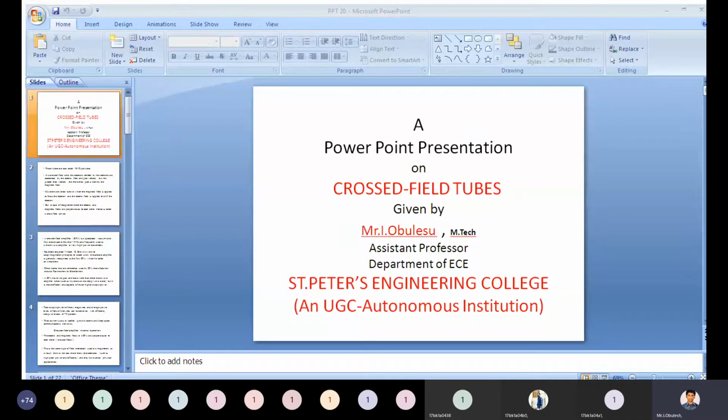Their current use is in satellite ground stations and deep space communications networks.